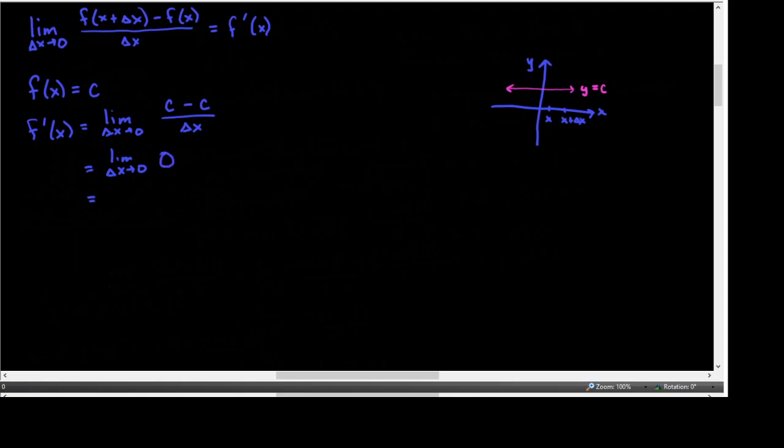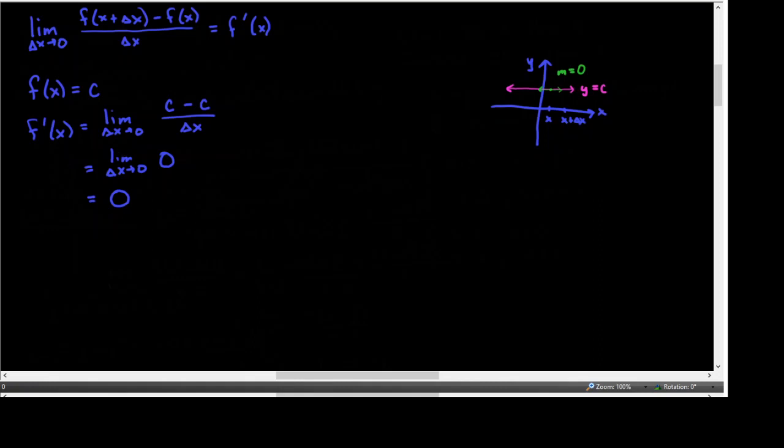And 0 divided by any non-zero thing is 0. And as delta x approaches 0, the limit of a constant is that constant. I hope that makes sense to you, because no matter what point of tangency we might have, the line tangent to the curve at that point is the line itself. And it has a slope of 0. Horizontal lines have a slope of 0.